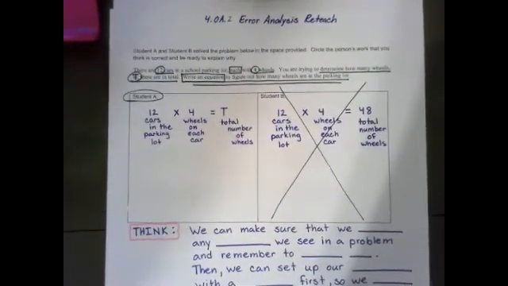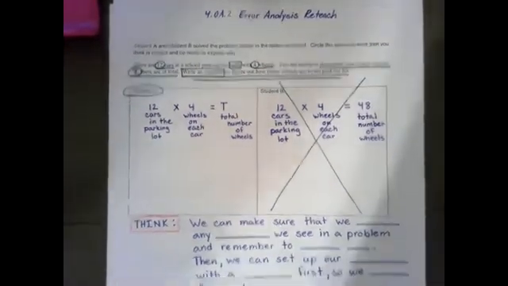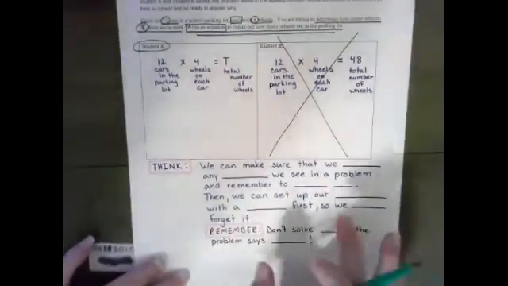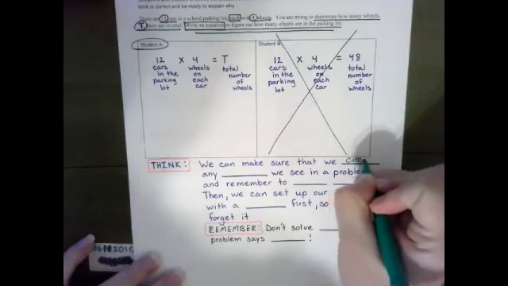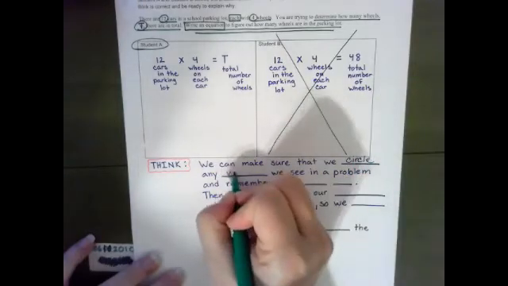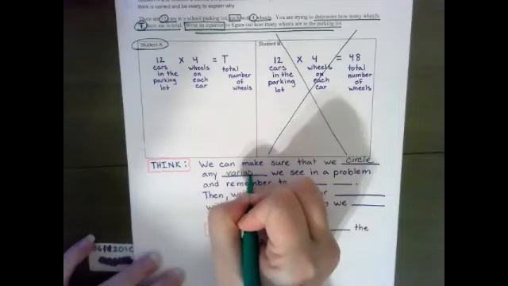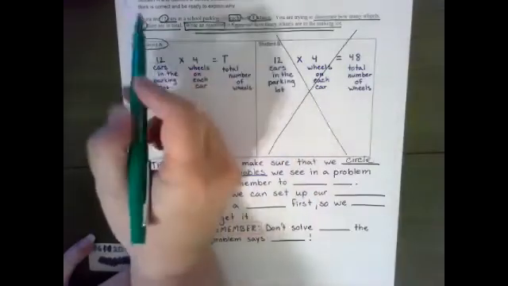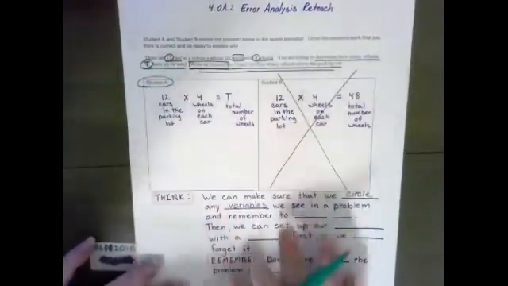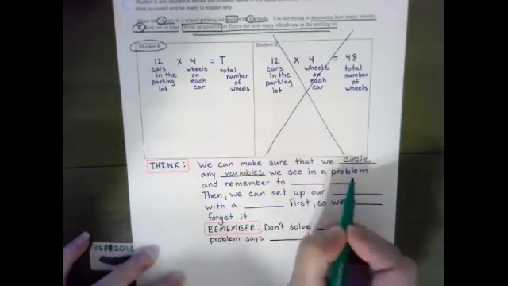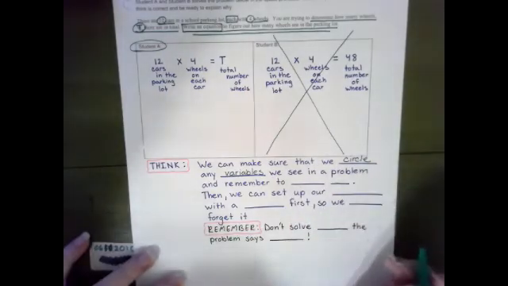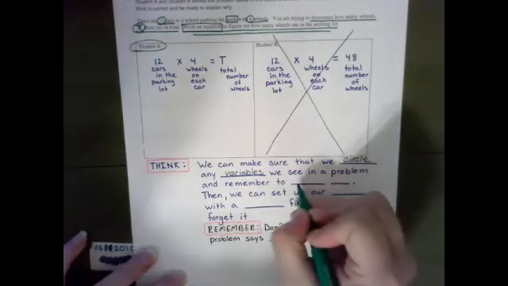What can we do to make sure that we use variables when they are needed? We can make sure that we circle any variables, just like I did here with the letter T, right here. We can make sure that we circle any variables we see in a problem and remember to use it.